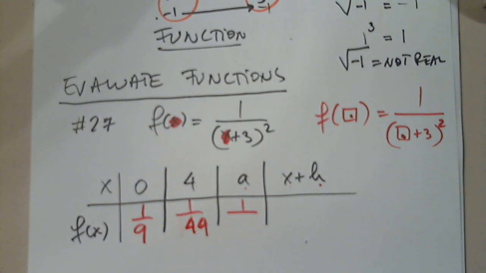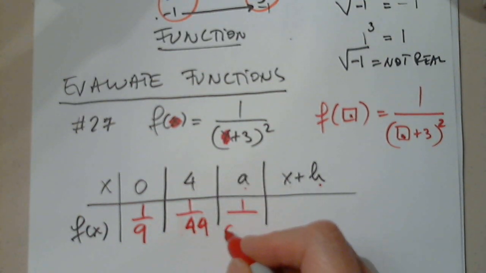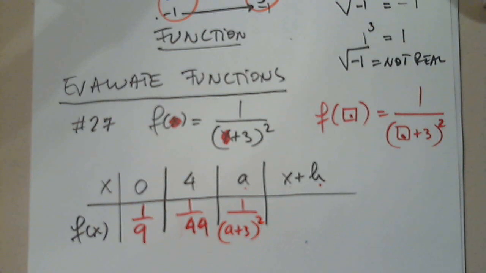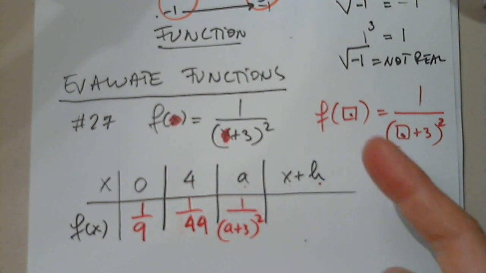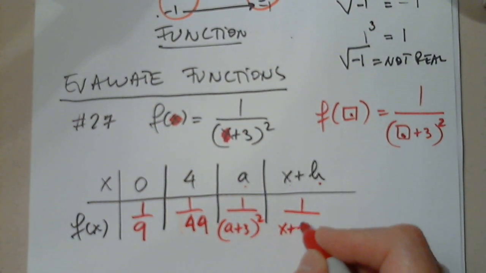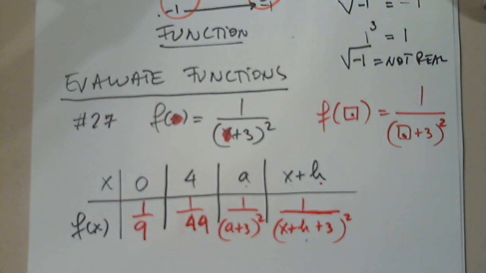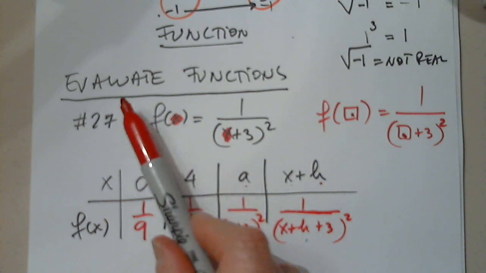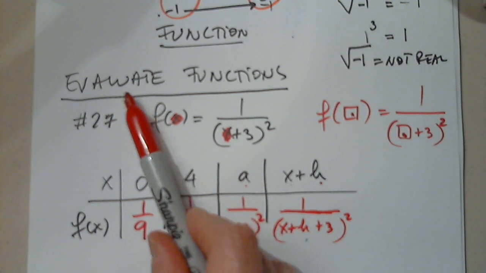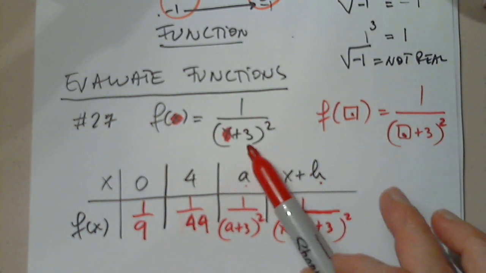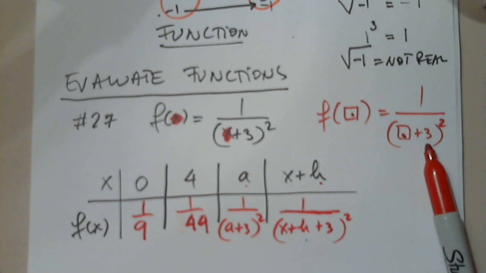I'm not sure. So I plug in a plus 3, everything squared. I plug in x plus h, I have 1 over x plus h plus 3, everything squared. So the trick for evaluating is to look at the function first and see what it says to you.